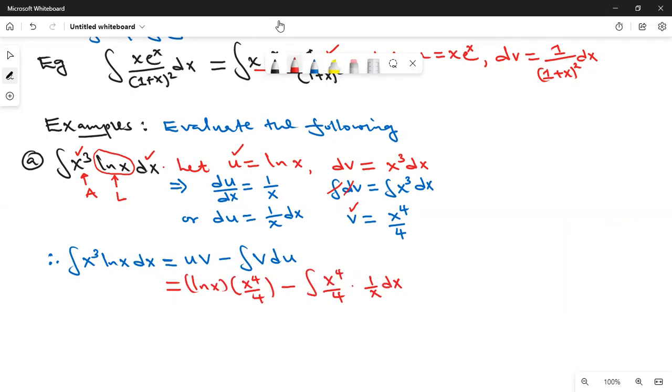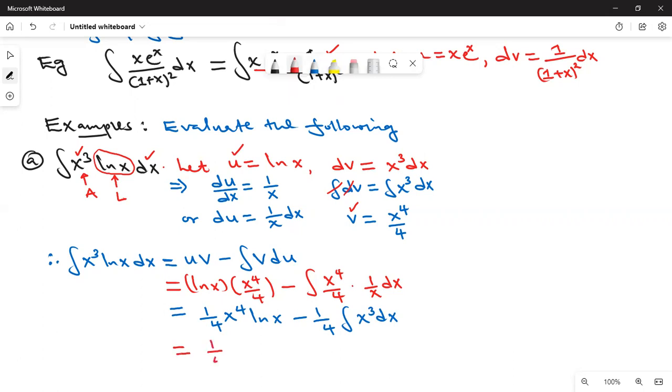This is the same as 1 over 4 x raised to 4 ln x minus 1 over 4, as a constant, the integral of x cubed dx.